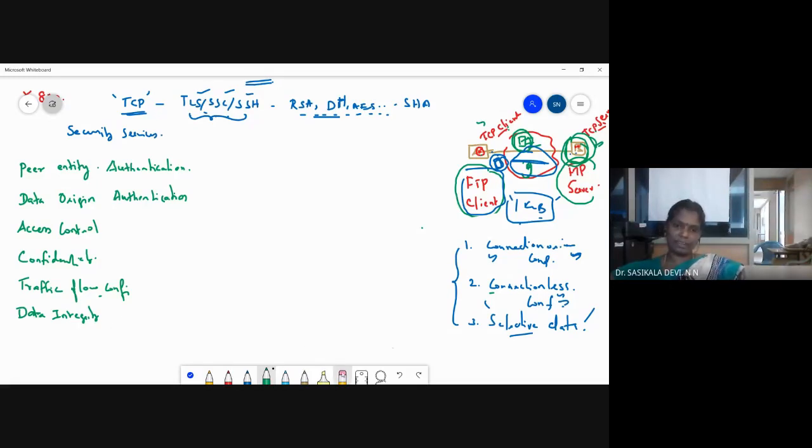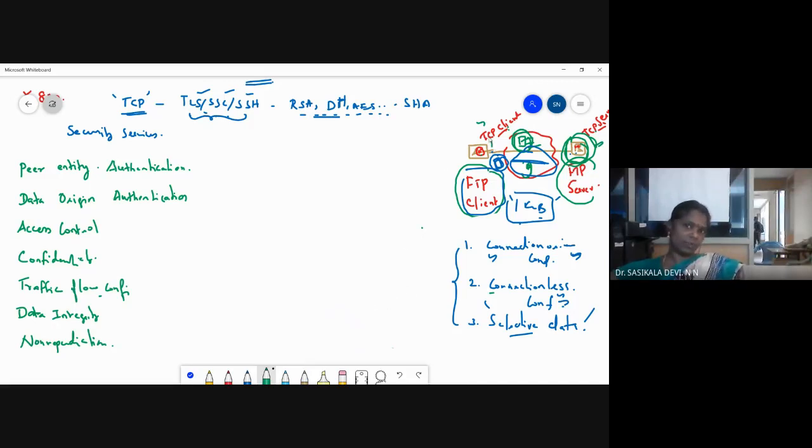Data integrity services are also required, and the next type of service required for e-commerce applications is non-repudiation. After transmitting the data, the sender should not deny it. After receiving the data, the receiver should not deny it. There are two types: non-repudiation origin and non-repudiation destination.